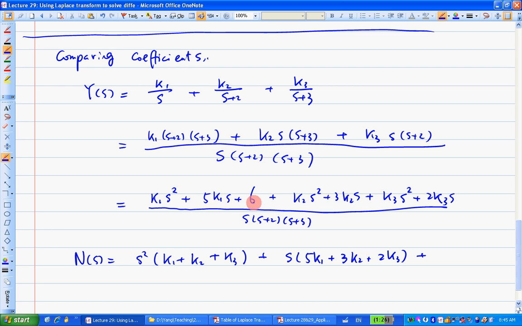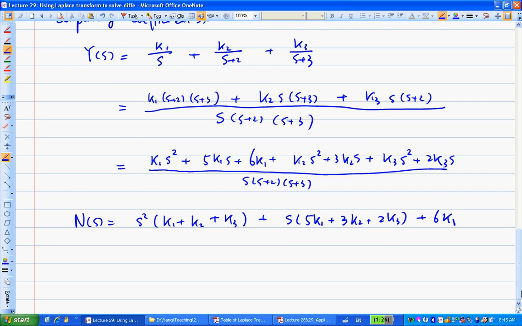Plus one constant. This is k1, right? 6k1. Plus one constant, 6k1. So this is the numerator on the right side. This numerator should be the same as the numerator of the original expression.